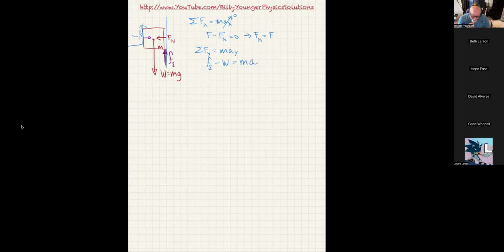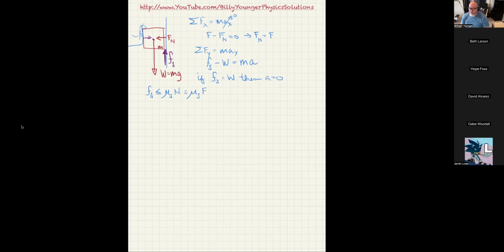In this case, if we want it to experience no acceleration, then we would need the static friction force to be equal to the weight. So if F static equals W, then a is equal to zero. But remember, F static is less than or equal to mu static times the normal force. And since the normal force is equal to the force you apply, the friction force is mu static times the force you apply.